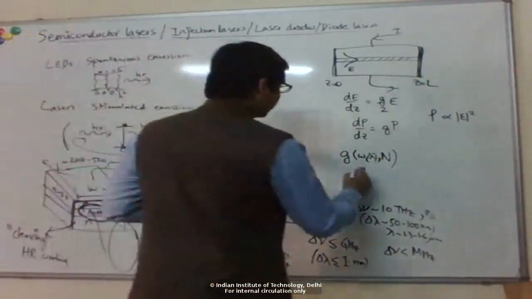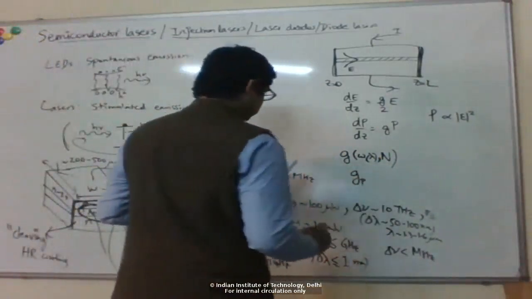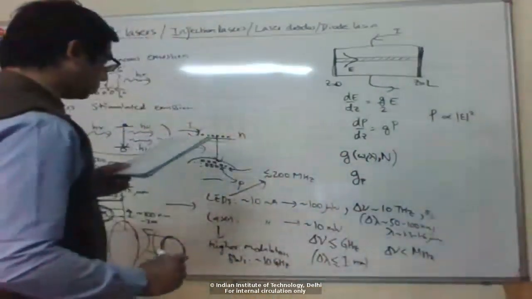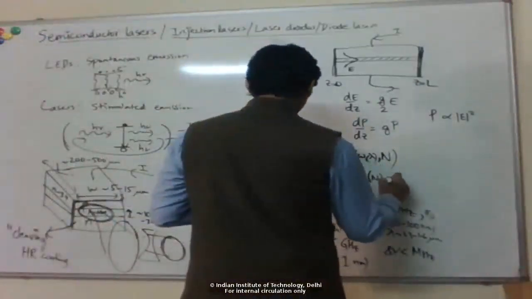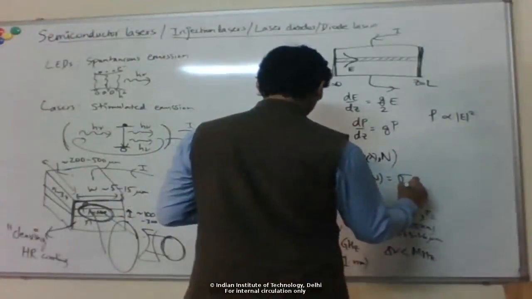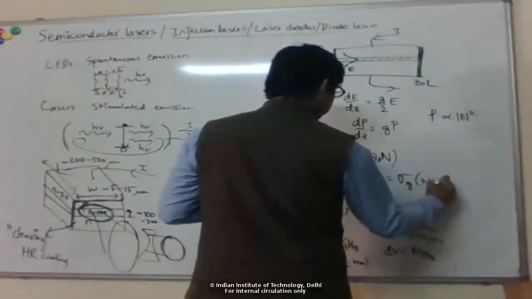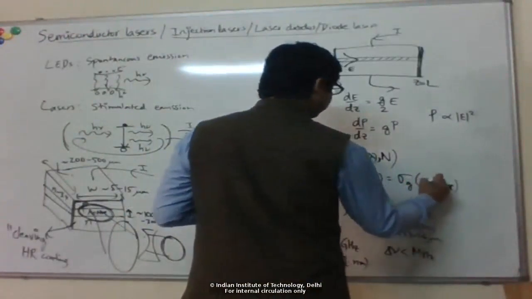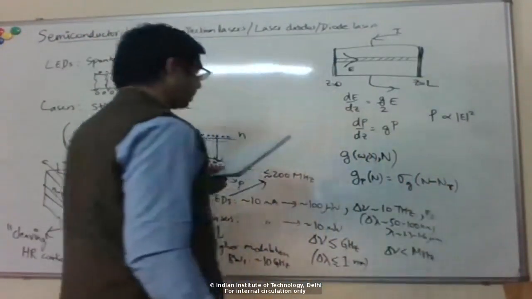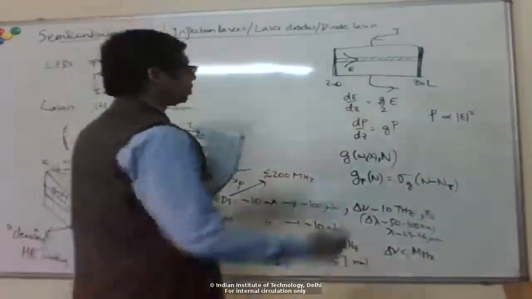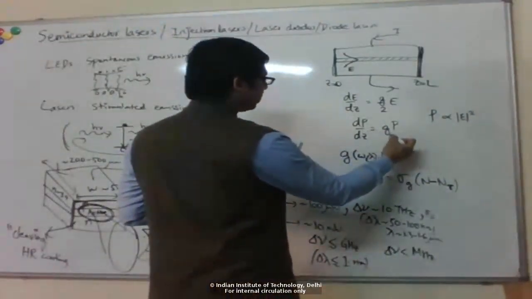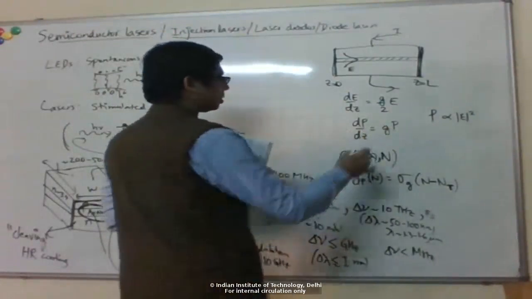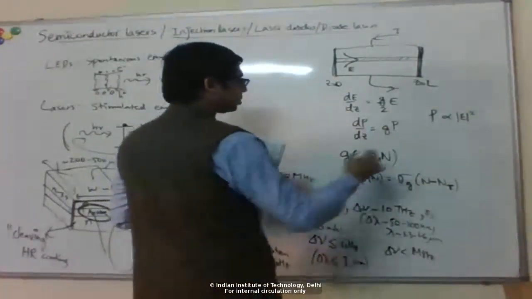Typically, if you look at the peak gain, it scales linearly with the carrier concentration. You can see here the units of G are per length.